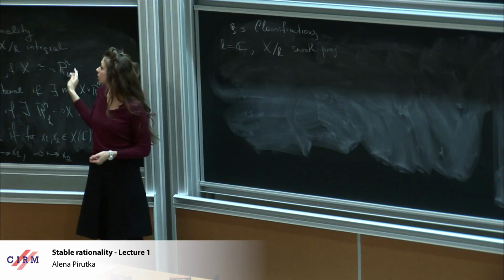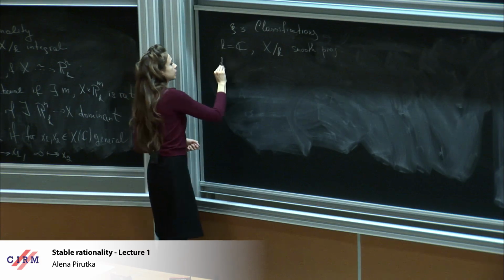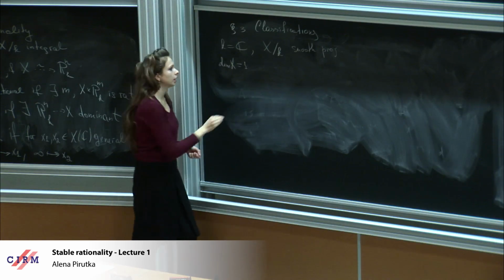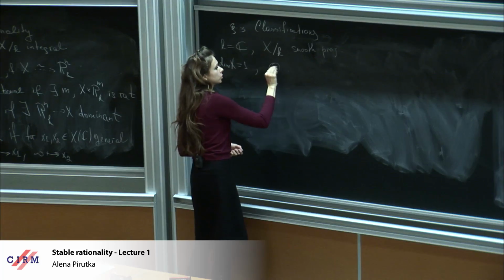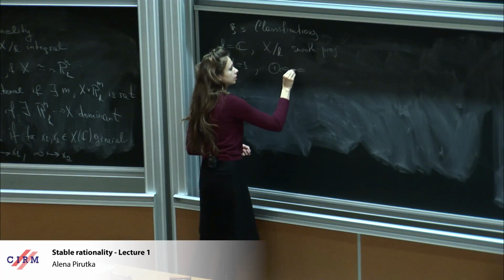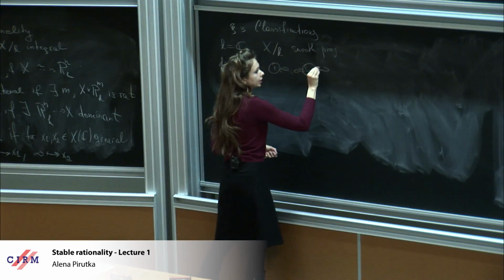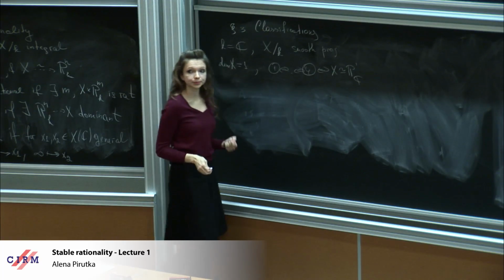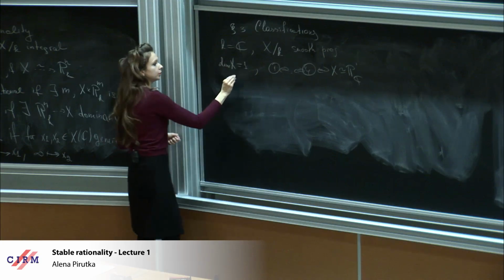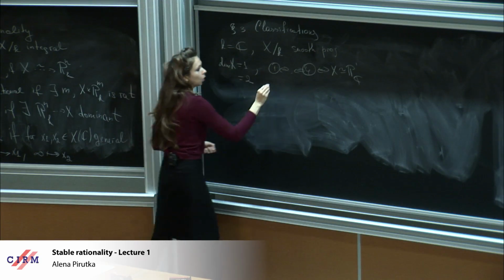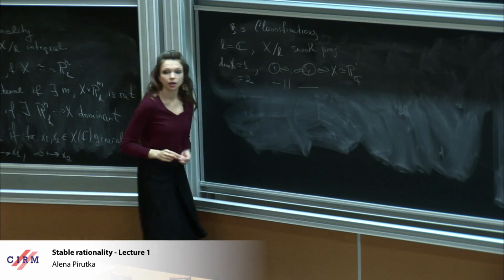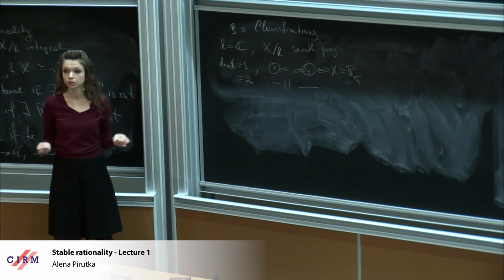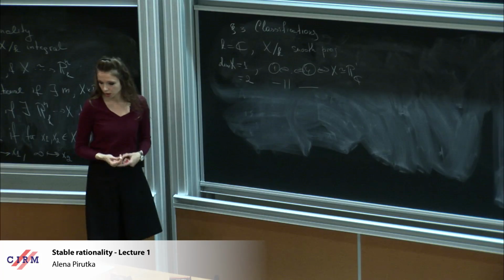Let's consider the dimension of X. If the dimension of X is 1, then all the notions are equivalent and are actually equivalent to the fact that X is a projective line. And similarly for dimension 2, all the notions are equivalent, and this follows from the classification of Castelnuovo and Enriques. So that's something that we know very well.